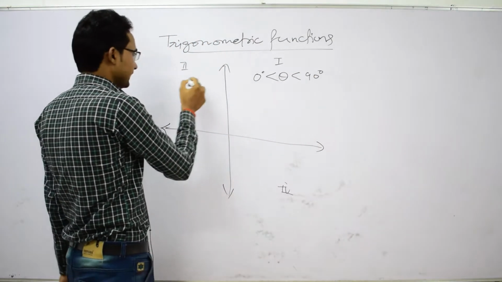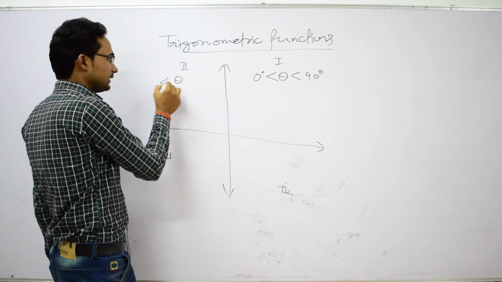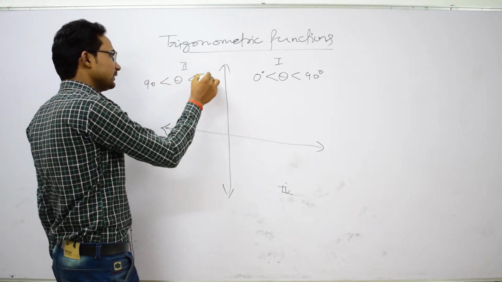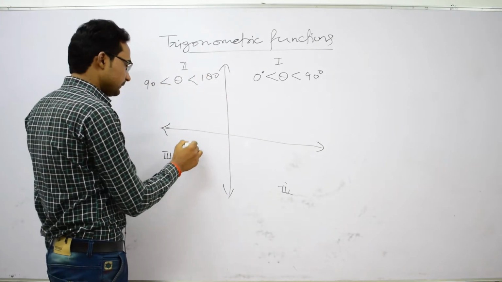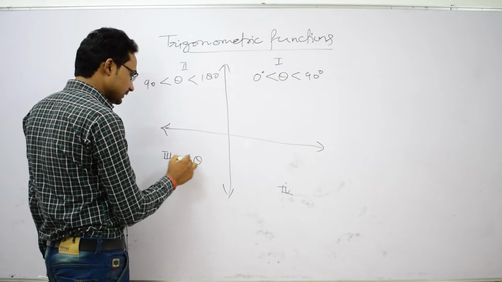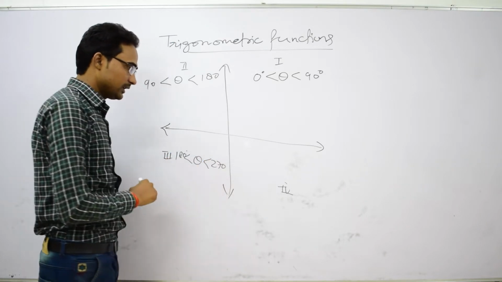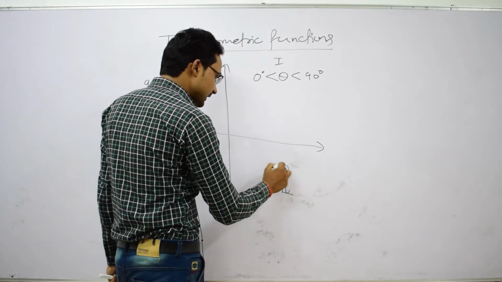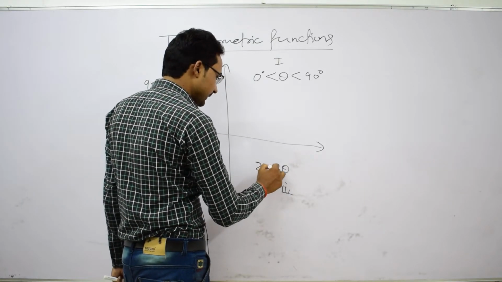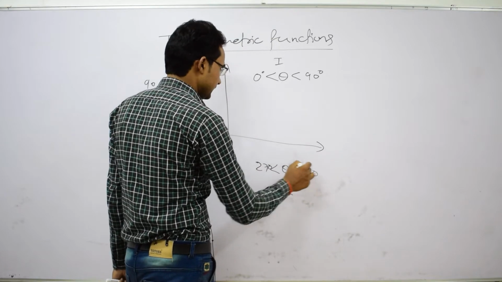In the second quadrant, theta is greater than 90 and less than 180. In the third quadrant, theta is greater than 180 and less than 270, and in the fourth quadrant, theta is greater than 270 and less than 360.